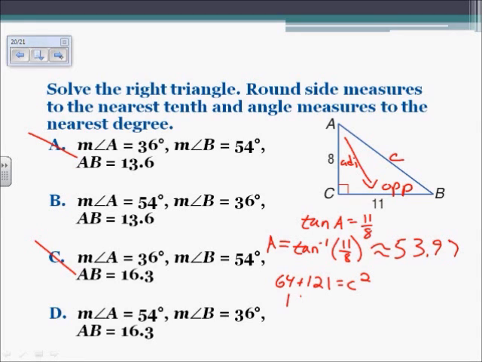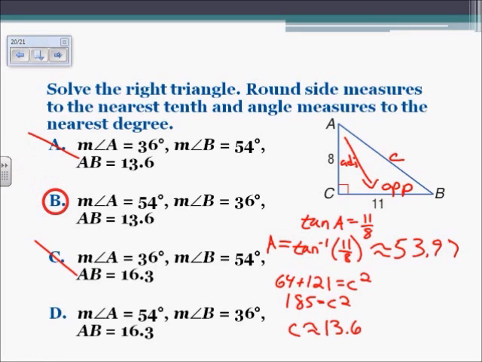So then we have 185 is equal to c squared. And the square root of 185 then will be c is approximately 13.6, which leaves us with b as our only other answer. We could solve for angle B and get around 36, but b as a choice here is the only one that has angle A and side length C.